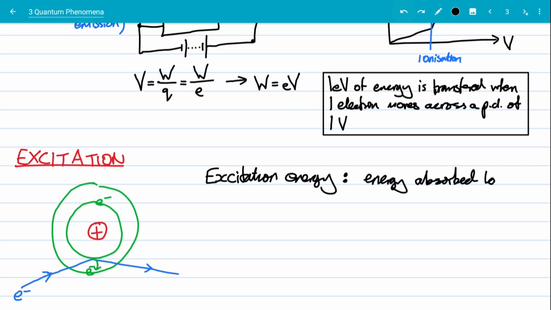I mean, yes, it's by the atom, but of course it's by the electron in the atom. It's like saying that you're not stuck in traffic when you're driving home. You are traffic. So energy absorbed by the atom when it becomes excited, which means it stores energy.